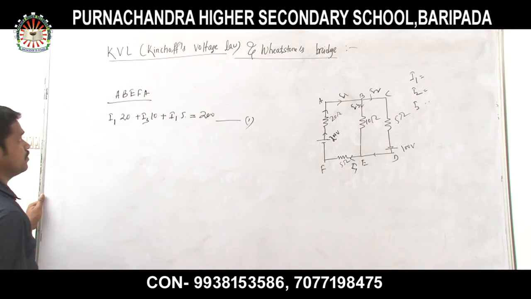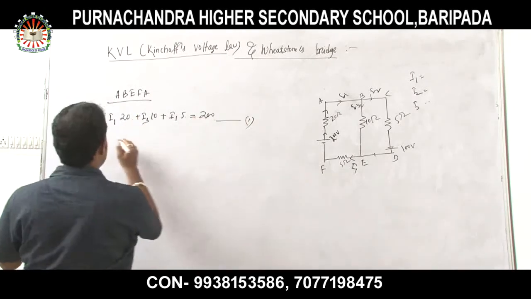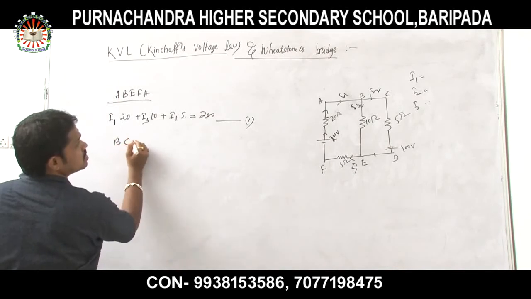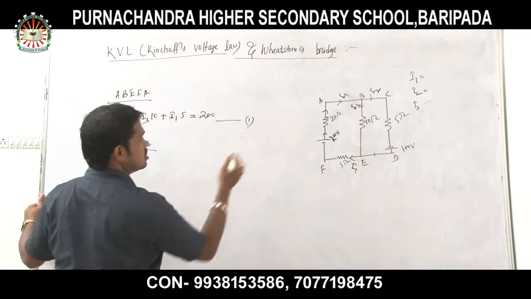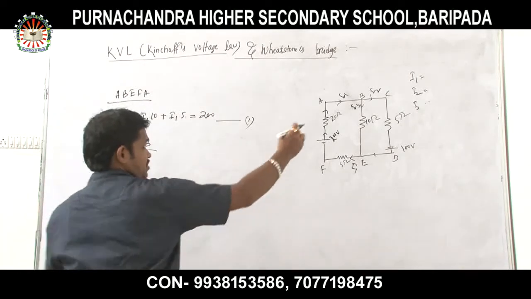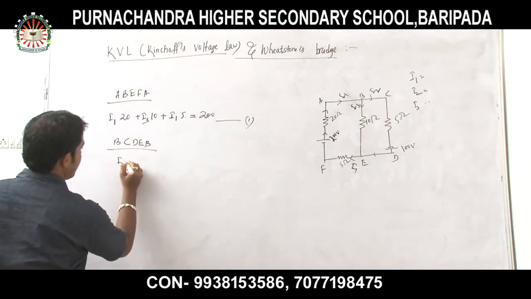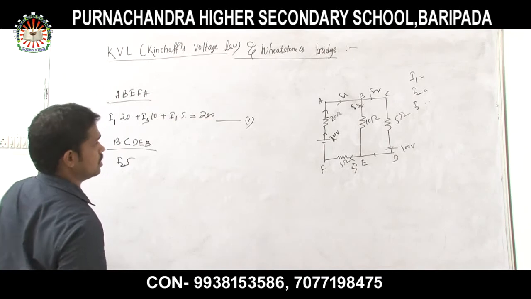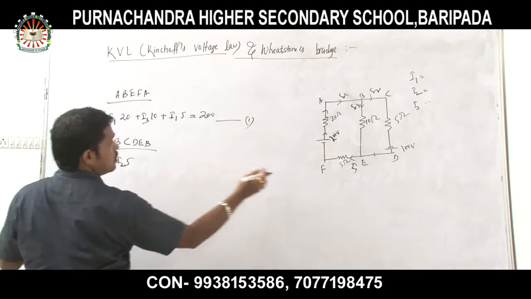Look very carefully. Now let us take another loop: B, C, D, E, B. Starting from here, this is I2 into 5. Then look here.